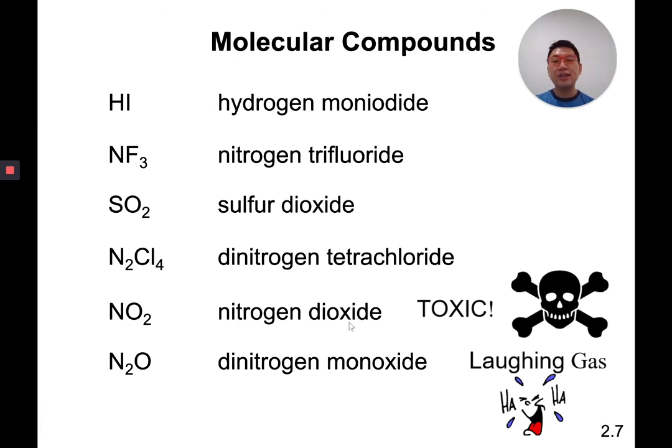Maybe your dentist won't like you. I'm kidding. But of course that's wrong. Nitrogen dioxide is a toxic gas. Dinitrogen monoxide is the laughing gas, or the gas they give you in a dentist's office that calms people down.